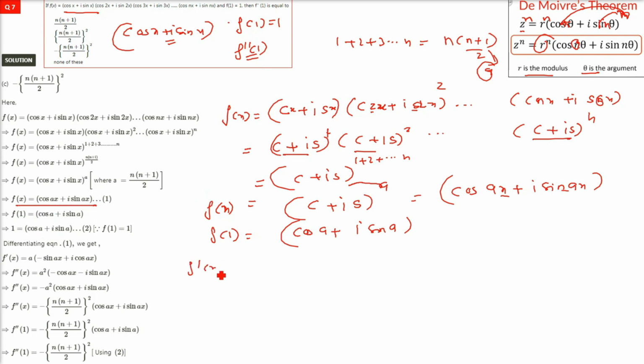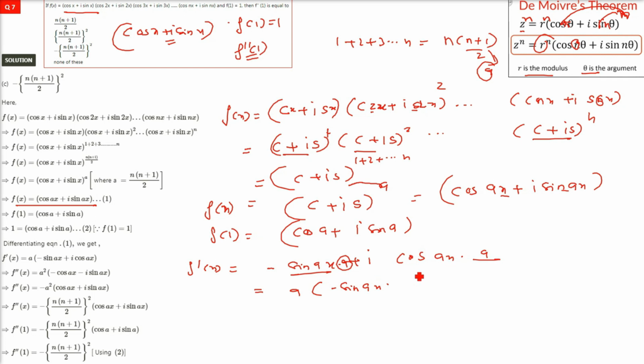Now f dash x differentiated. Cos ax gives minus sin ax, and i sin ax gives i cos ax, and in both terms the differentiation of ax will give an a. So we have minus a sin ax plus i a cos ax. So you can take this a outside. This is f dash x only.